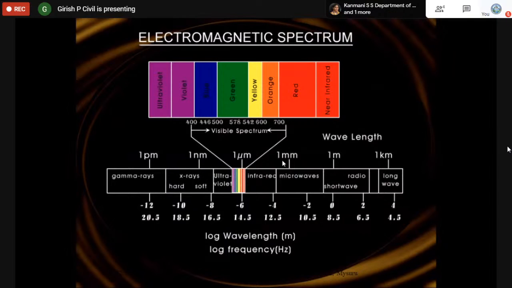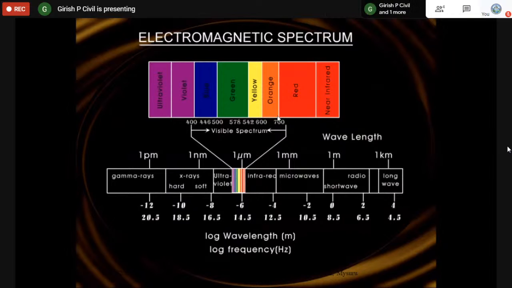That's why, apart from gamma rays, X-rays, ultraviolet, or any other waves, we give more importance to the visible spectrum, because it is the only portion characterized by a set of colors. In this spectrum, once again, the wavelength and frequency vary with the color, that is VIBGYOR, violet to red.